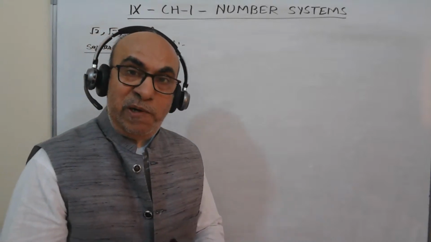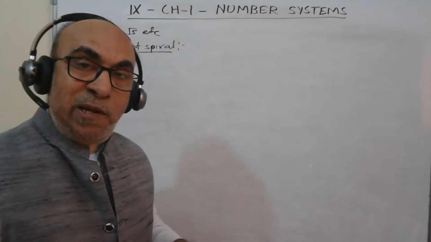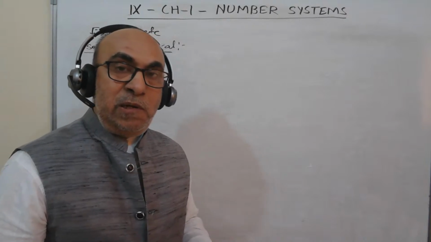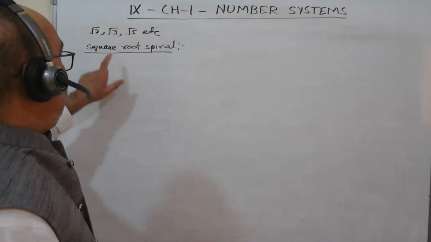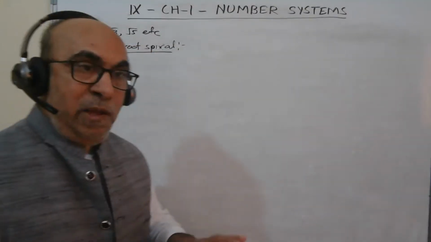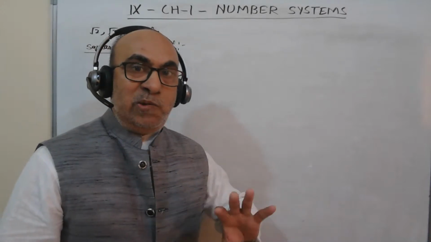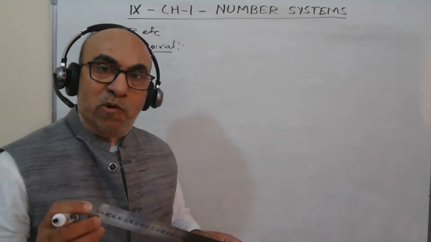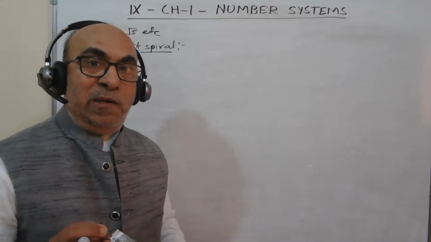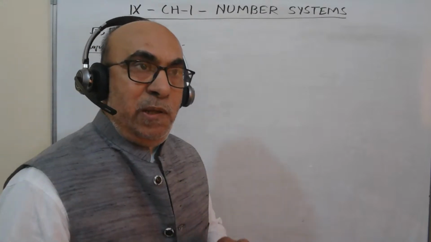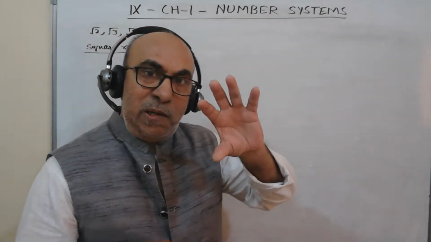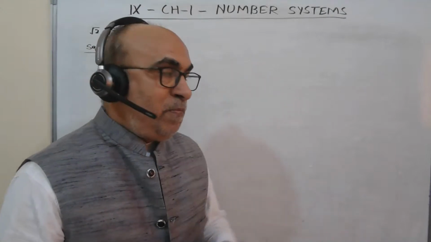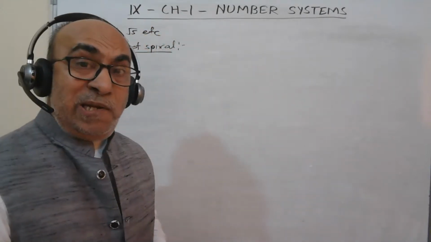With the help of the geometry box, ruler, compass, protractor, we will represent square root 2, square root 3 by drawing a spiral, a square root spiral. So what you have to do, you take your ruler and you have to decide whether you are going to construct a small spiral or a big one. Then you have to select the scale.